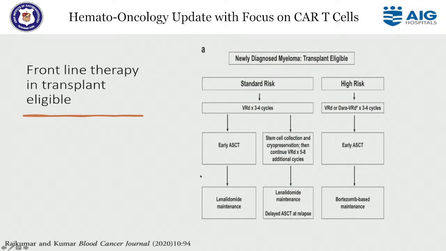When we have a newly diagnosed patient who is transplant eligible, transplant eligibility means his ECOG performance status is less than 2, and renal function is affected but can be managed, there are no other organ abnormalities. According to this particular flow chart, for frontline therapy, patients are stratified into standard risk and high risk.